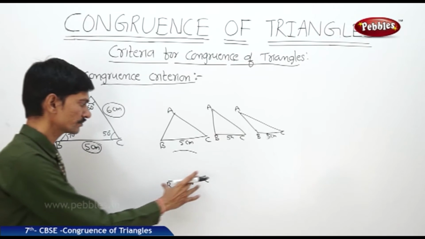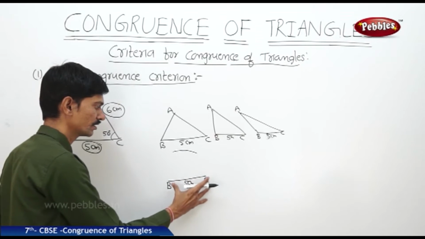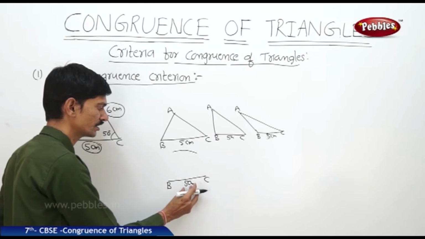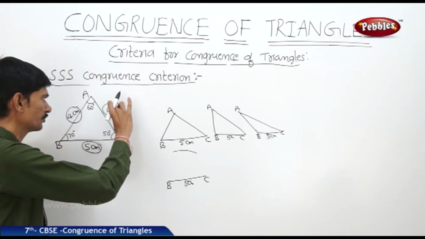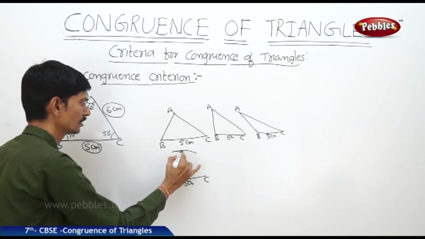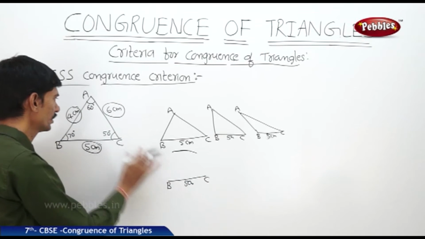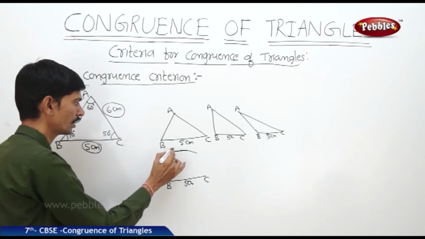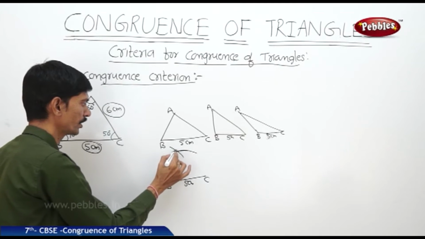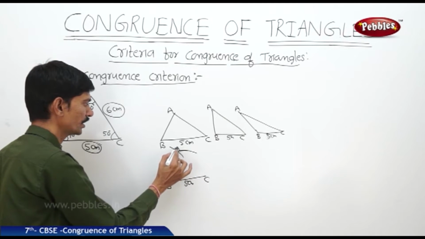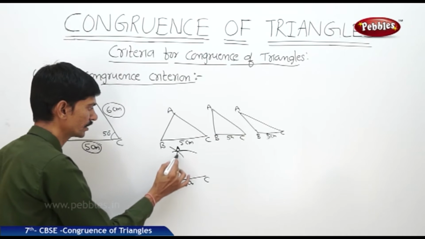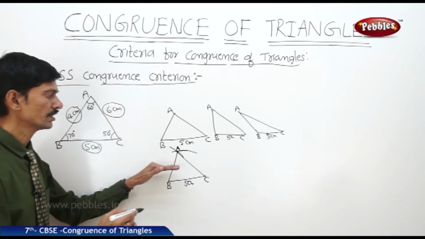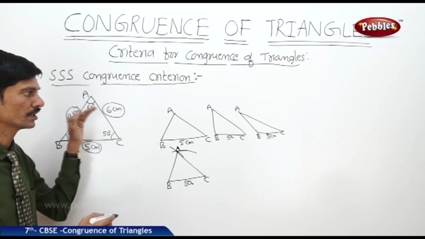First draw a line segment BC of 5 centimeters, then with C as center and 6 centimeters radius draw an arc, and with B as center and 4 centimeters radius draw another arc. Mark A as the point of intersection of these two arcs. Now join AB and AC, and you will get the exact copy of the original triangle ABC.